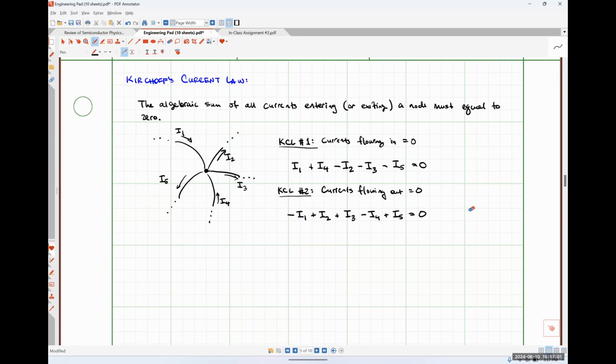The last way that we can think about Kirchhoff's current law is actually the way that you guys are probably used to. And that is the sum of the currents flowing in is equal to the sum of the currents flowing out.